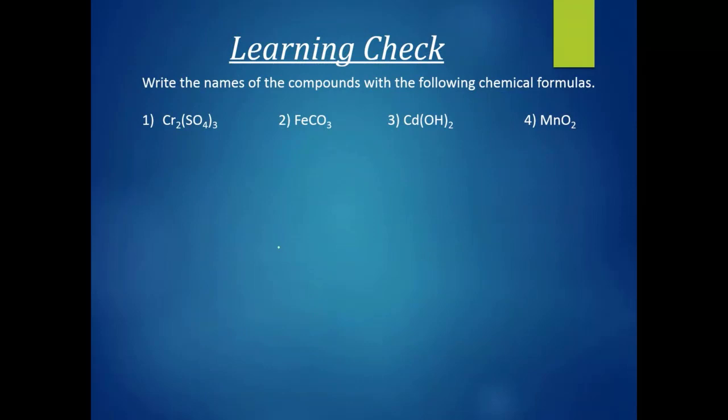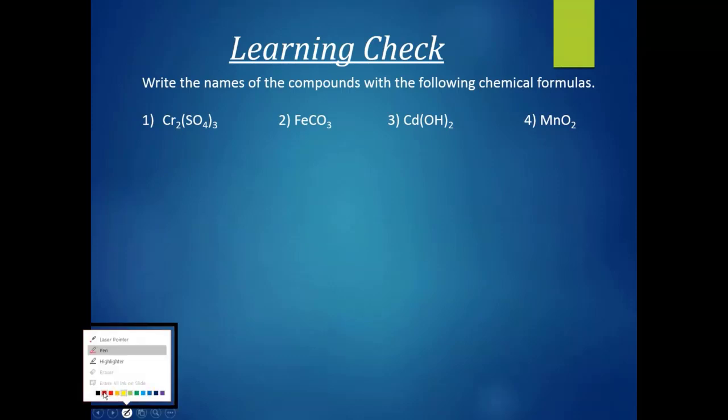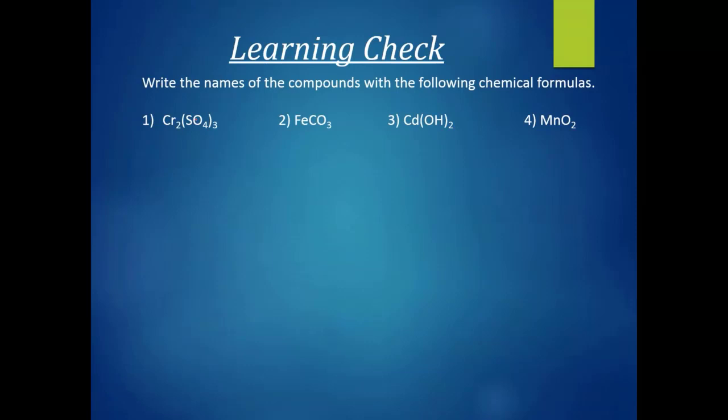Okay. So let's take a look. Let's write the names of the compounds with the following chemical formulas. I'll go through the first one with you together, and then I'll have you do a few on your own, see how you do. Okay? So we have Cr2(SO4)3.